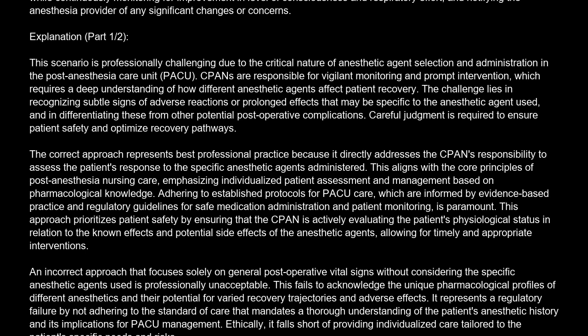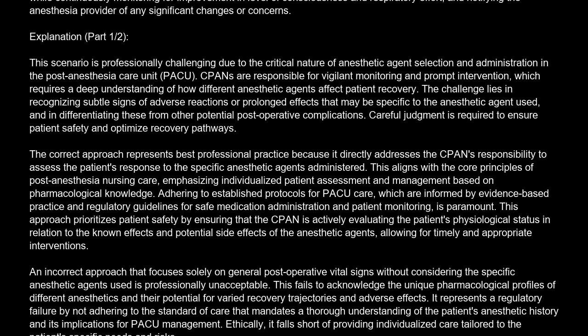Adhering to established protocols for PACU care, which are informed by evidence-based practice and regulatory guidelines for safe medication administration and patient monitoring, is paramount. This approach prioritizes patient safety by ensuring that the CPAN is actively evaluating the patient's physiological status in relation to the known effects and potential side effects of the anesthetic agents, allowing for timely and appropriate interventions.